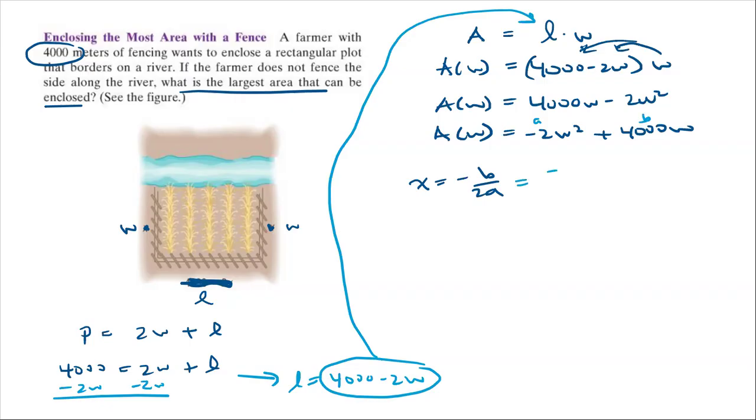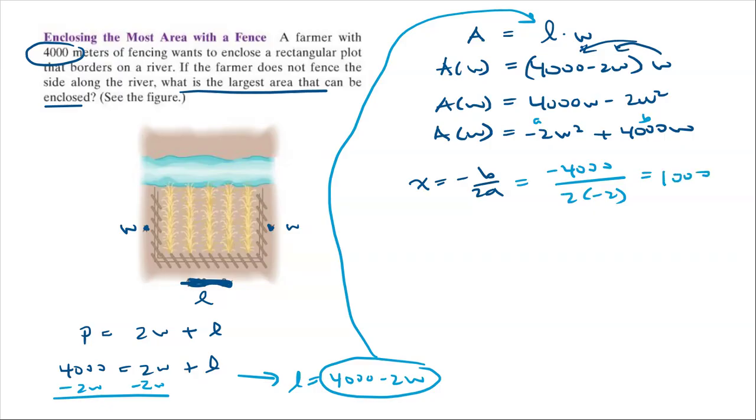So that'll be negative 4,000 divided by 2 times negative 2. When you put this in the calculator, 2 times negative 2 is negative 4, so negative 4,000 divided by negative 4 will give us 1,000.